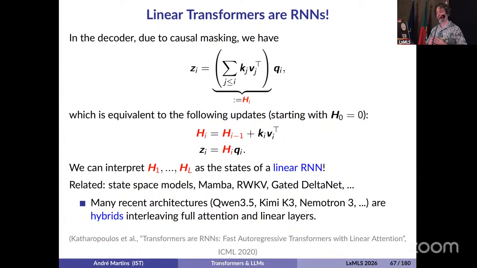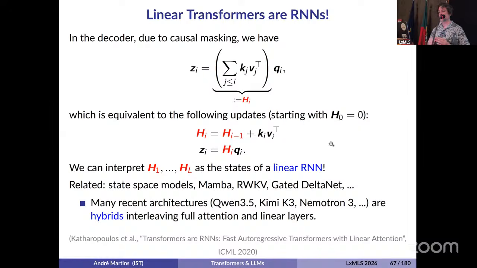So this point has been made by other literature that was trying to develop linear RNNs, like state space models, Mamba, which is a little bit more sophisticated version with gating, RWKV, gated delta nets. All these things can be regarded as linear transformers. So there is a shared space between transformers if you linearize them, and some of these recurrent models.